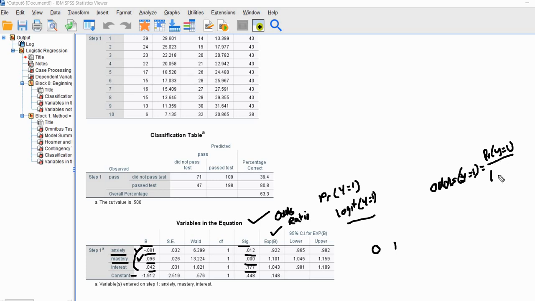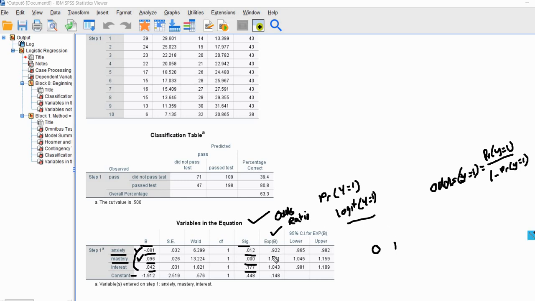I can denote that as 1 minus the probability that y is equal to 1. So the odds ratio is reflecting the multiplicative change in odds per unit increase on the predictor variable.